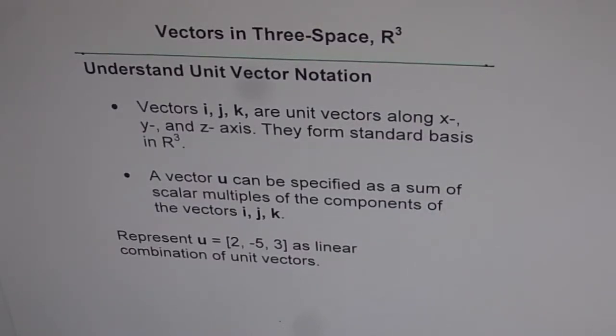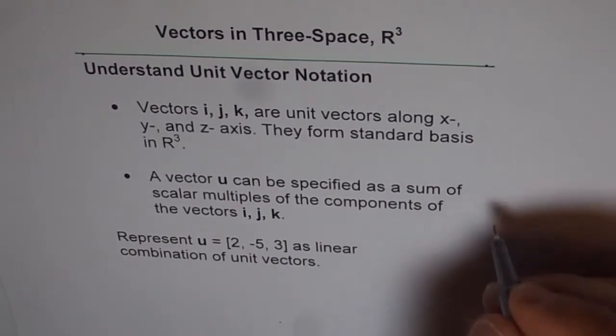In the last video, we saw that vectors could be represented in different ways. And unit vectors is representing vectors with i, j, k, where i, j, k are unit vectors along the x, y, and z axes respectively. So in 3-space, we can represent any vector using i, j, k.